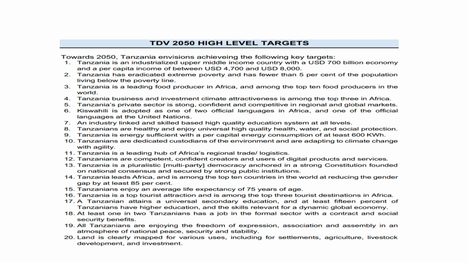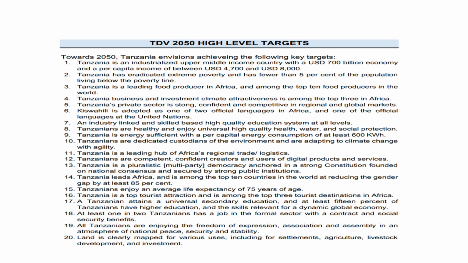Tanzania is an industrialized upper middle income country with a USD 700 billion economy and a per capita income between USD 4,70 and USD 8,000. So these are the targets that we want to achieve. Tanzania has eradicated extreme poverty and has fewer than 5% of the population living below the poverty line.